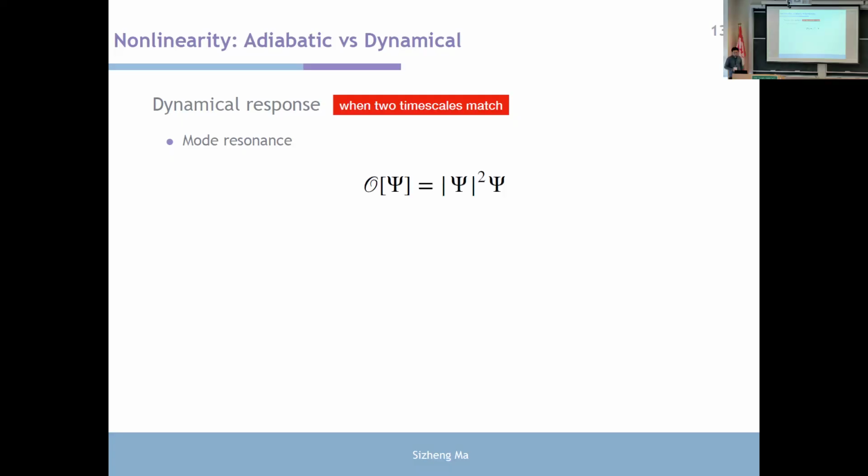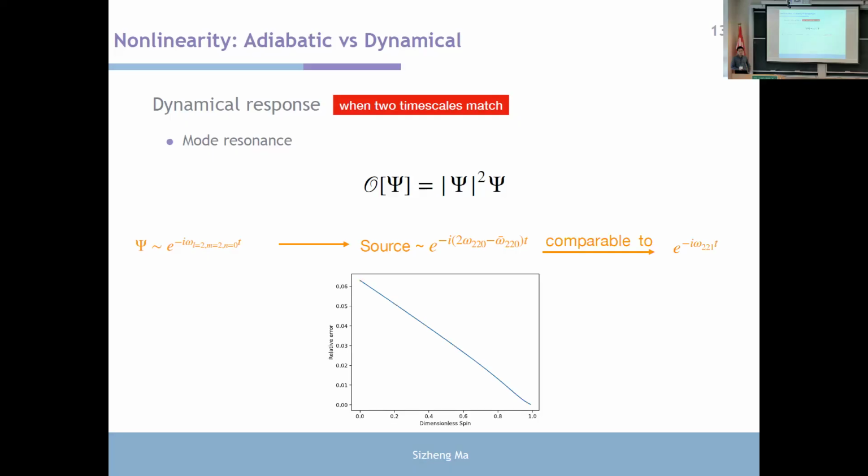Let's consider a toy model. This is the example that Niels used yesterday. So here we have a Teukolsky operator with a nonlinear source. And in the initial data, we can set it to be a pure 2-2-0 quasi-normal mode. And because of this nonlinear source, it can generate a frequency component whose value is very close to the first overtone, 2-2-1.